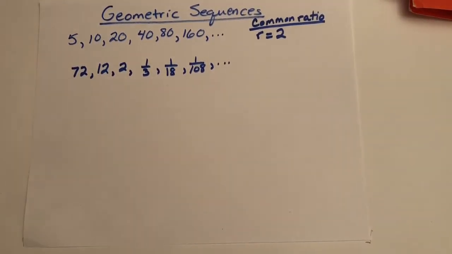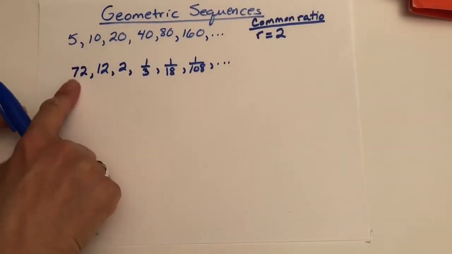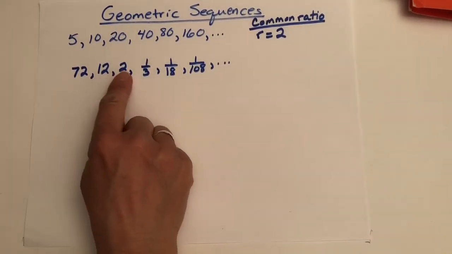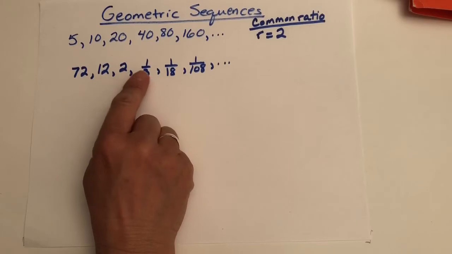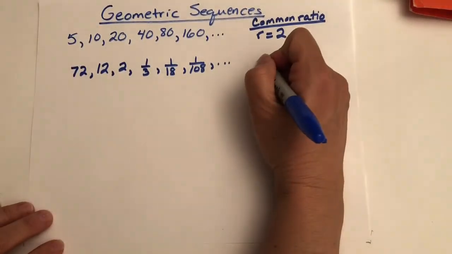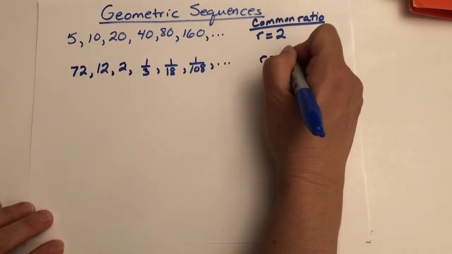An equivalent of dividing by 6 is multiplying by 1/6. So 72 times 1/6 gives you 12. Multiplying by 1/6 gives you 2. Multiplying by 1/6 gives you 1/3, and so on. So we say the common ratio here is 1/6.